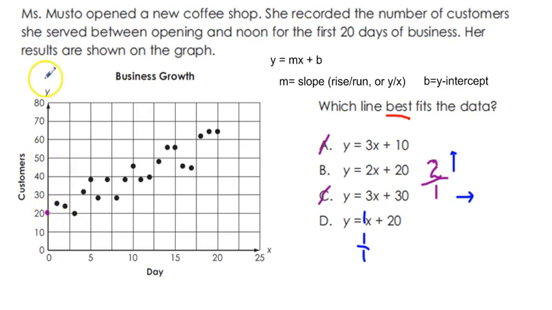The difficult thing about going up 2 and over 1 is that our numbers are kind of tricky. So you may have to think about it, well, I've got 10 and 5, 10, 15, 20. So you may have to think of it as, okay, if I multiply this times 5, that's how I get to 10. So I'd multiply this by 5, so it means it goes over 5.